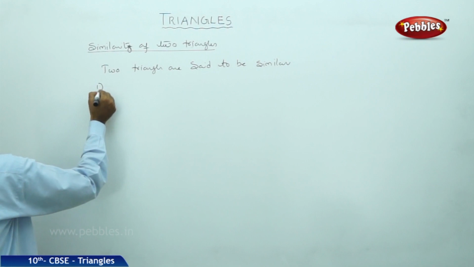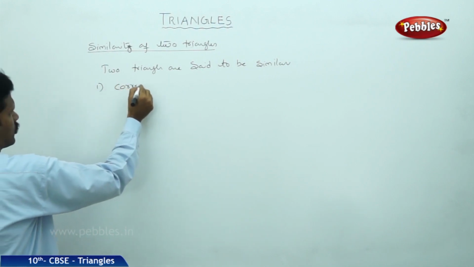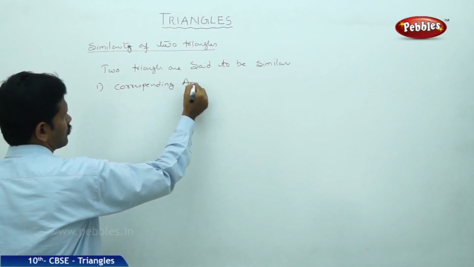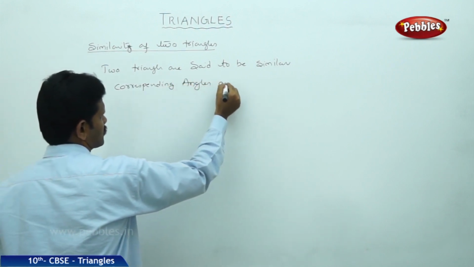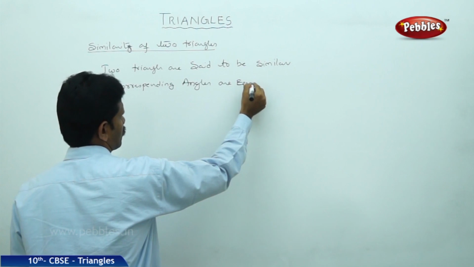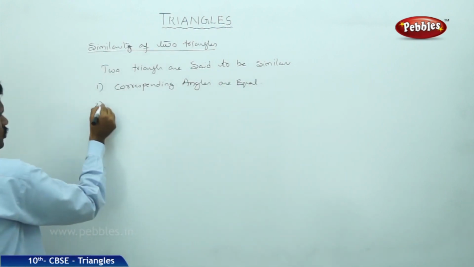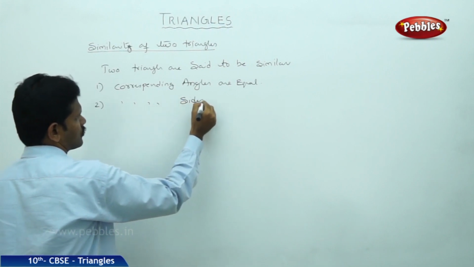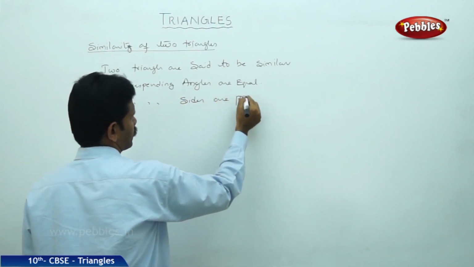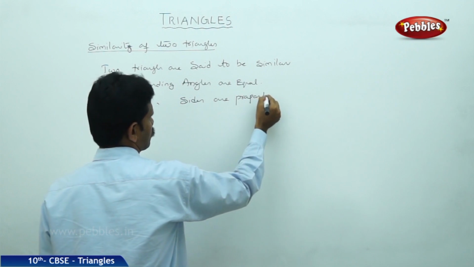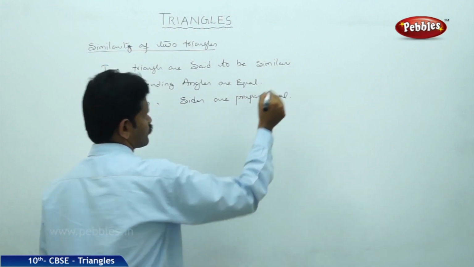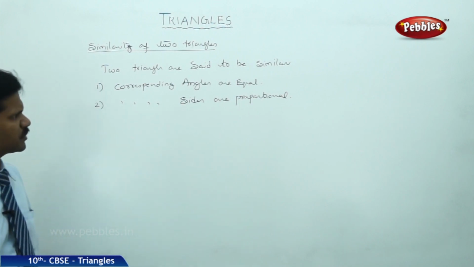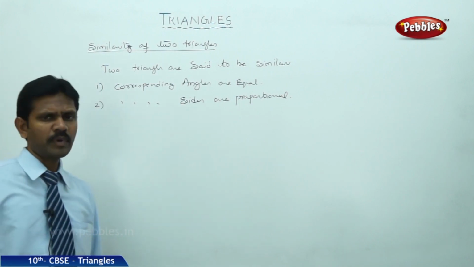Condition number 1, corresponding angles are equal. And condition number 2, corresponding sides are proportional. What is meant by corresponding angles are equal and what is meant by corresponding sides are proportional?